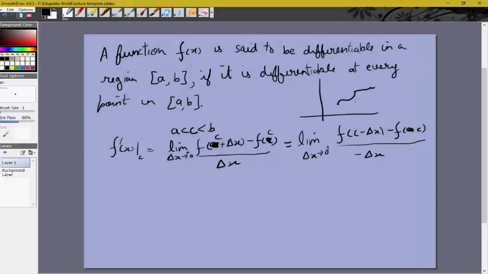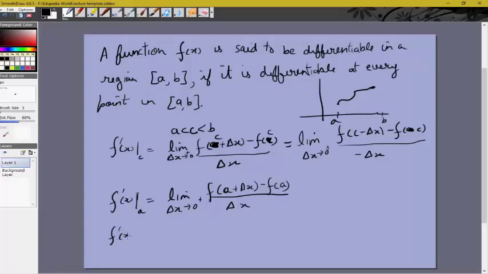So let's say the graph is something like this. Then obviously the function is not defined, or at least we are not considering the function to the left of a or to the right of b. So for a we only need the right hand limit, and for b we only need the left hand limit. That means f dash of x at a should be equal to only the right hand limit, delta x goes to 0 plus f of a plus delta x minus f of a by delta x, and f dash of x at b should only be the left hand limit.